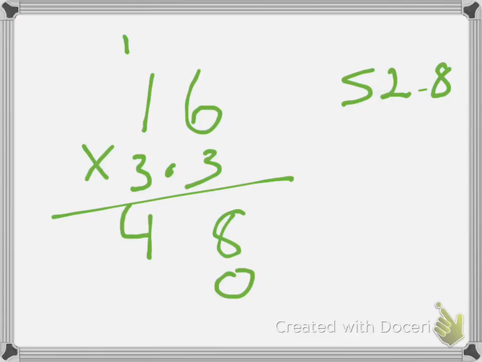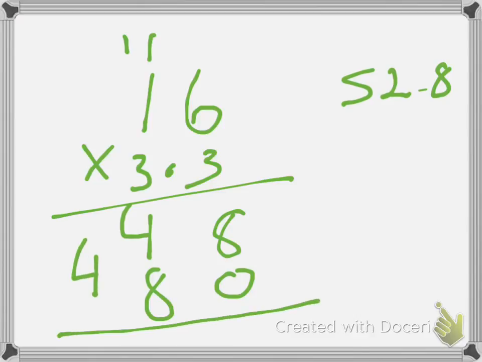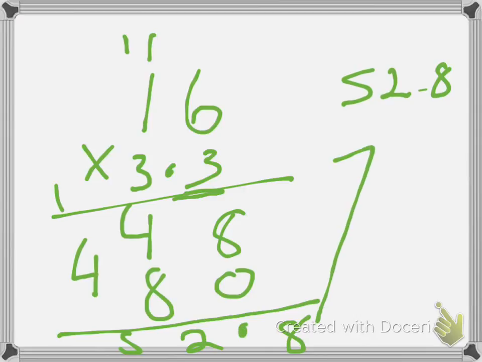And 3 times 3 is 9... 18, carry the 1. And 1 times 3 is 3 plus 1 more is 4. When I add them all up together, I get 8, 12, carry the 1, 5. I look at my decimal and move it one place to the left. And if you notice, I get the same answer as this. So more than likely, this is my answer. And that's how you do the array model.